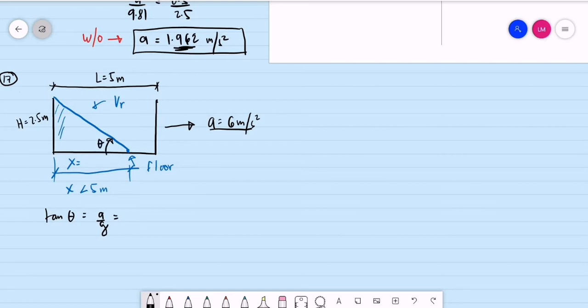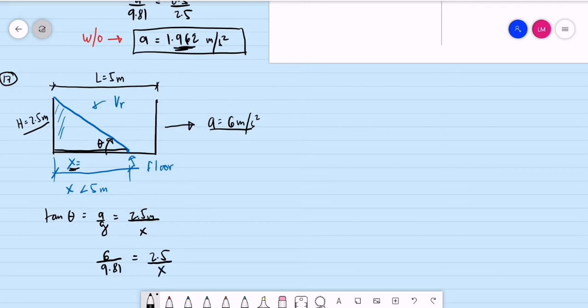The opposite side is 2.5 meters, divided by the adjacent side, which is x. Substituting, 6 meters per second squared divided by 9.81 is equal to 2.5, the height of the tank, divided by x.